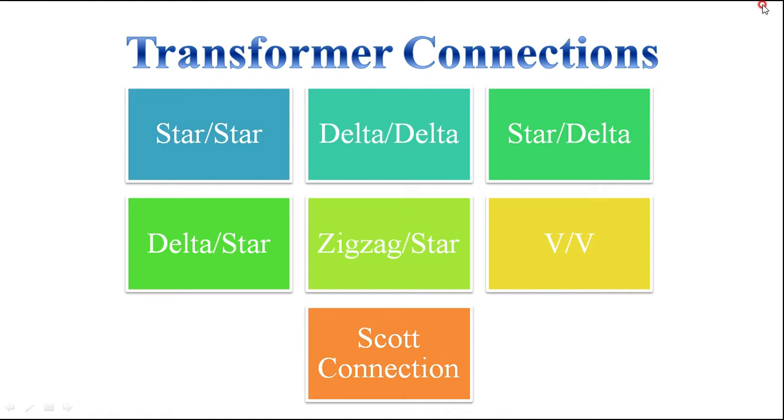Okay, that is the advantage of single-phase transformers connected for three-phase operations. The transformer connections are broadly divided into star-star, delta-delta, star-delta, delta-star, zigzag-star, VV connection and Scott connections.